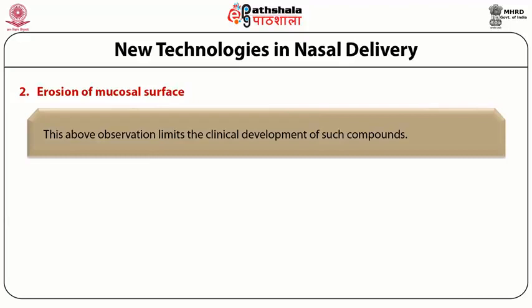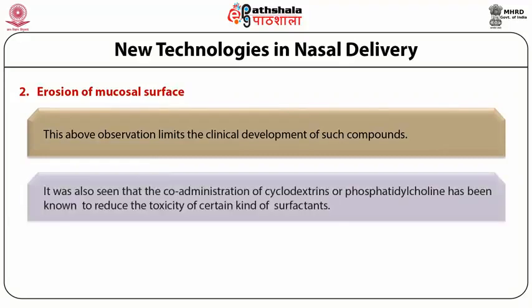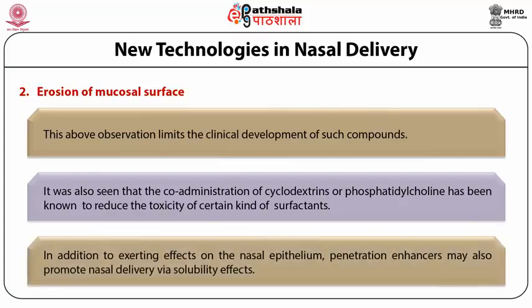This observation limits the clinical development of such compounds. It was also seen that co-administration of cyclodextrins or phosphatidylcholine has been known to reduce the toxicity of certain kinds of surfactants. In addition to exerting effects on the nasal epithelium, penetration enhancers may also promote nasal delivery via solubility effects.